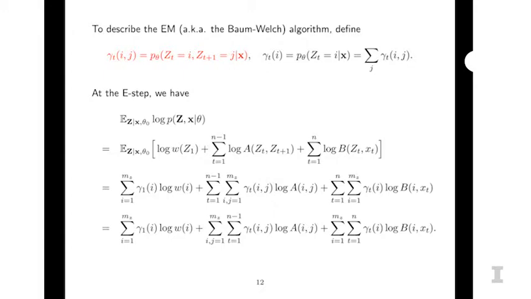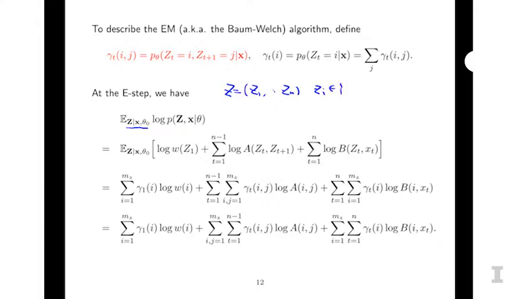In the EM algorithm, the first step is the E step, where we have to compute the distribution of z given x and some initial value of theta. Remember here our z is actually bold, so it's z1 through zn, and each zi can take m_z different values.